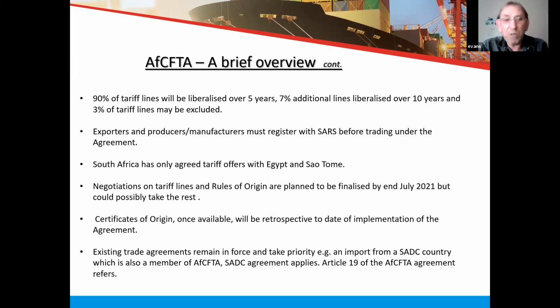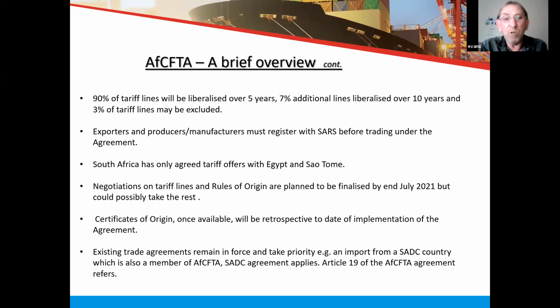The negotiations on the tariff lines and the rules of origin are planned to be finalized somewhere by July 2021. Oh, sorry, there's an error in my sentence there. That sentence should end by reading and could possibly take the rest of the year. These negotiations have been delayed, obviously with COVID-19.